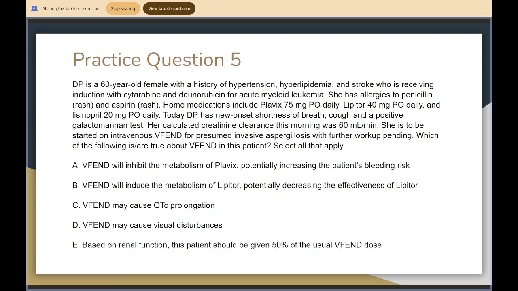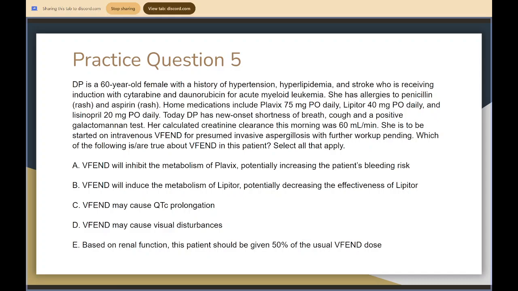Today, DP has new onset shortness of breath, cough, and a positive galactomannan test. Her calculated creatinine clearance this morning was 60 ml per minute. She is to be started on IV VFend for presumed invasive aspergillosis with further workup pending.